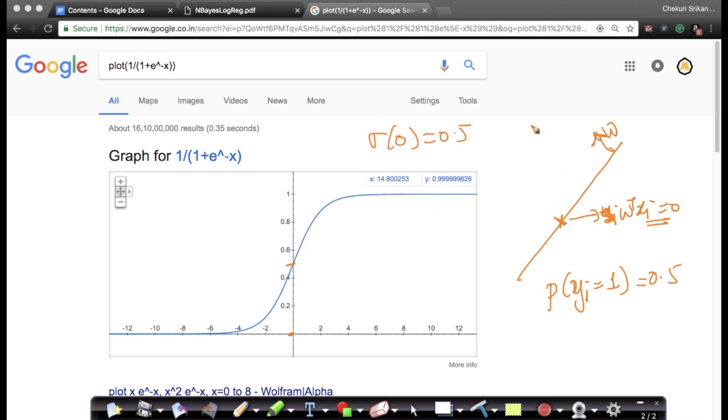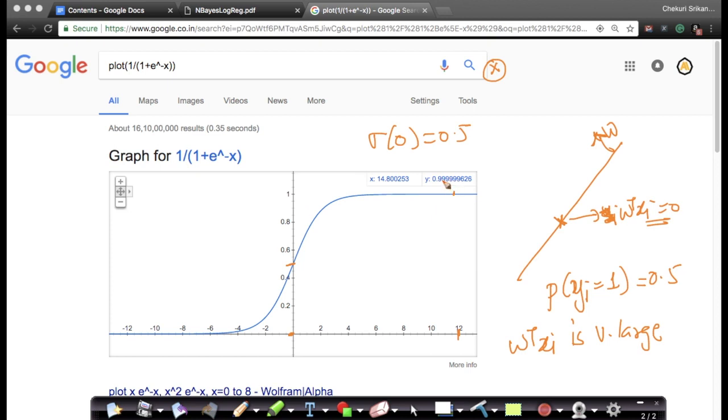If a point is very far away from the hyperplane, suppose this is my hyperplane and my query point is here, then what happens? My w transpose xi is very large and positive, because it's in the same direction as w. When w transpose xi becomes 12, my probability value becomes 0.999999.